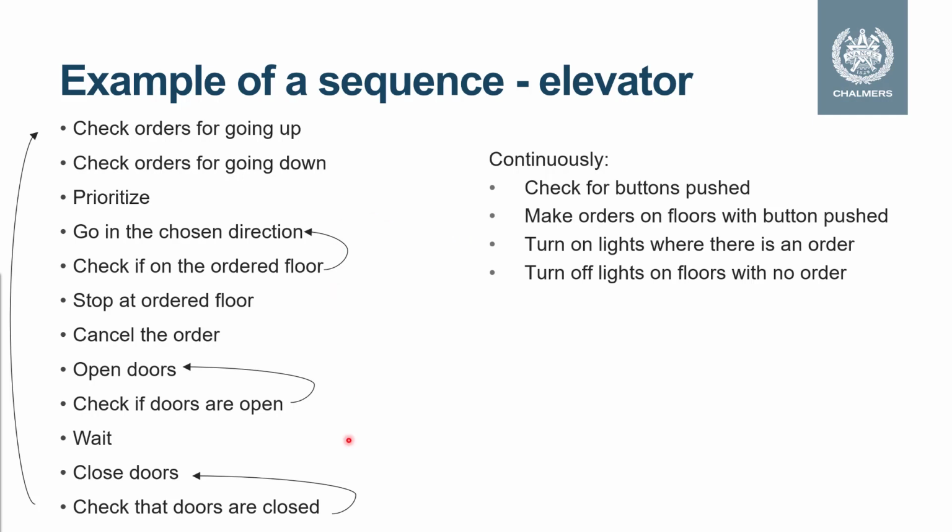People should be able to make new orders regardless of if the elevator is moving or the doors are opening. This part of the program could be written in FBD or ladder, for example, and so could this part of the program, but it's often a good idea to try the SFC programming language for this type of sequence.